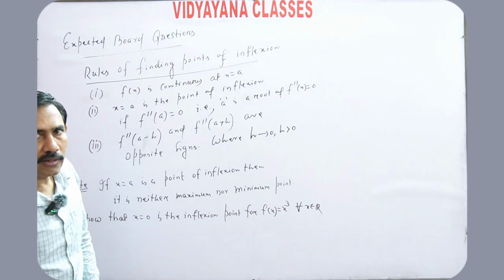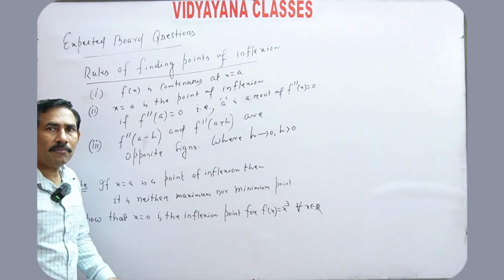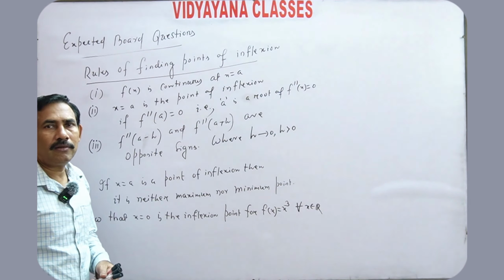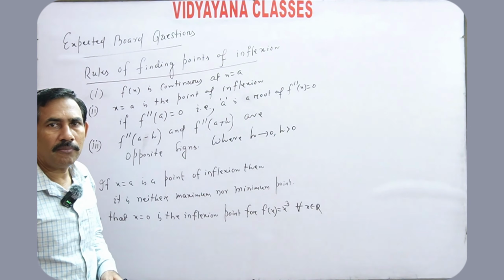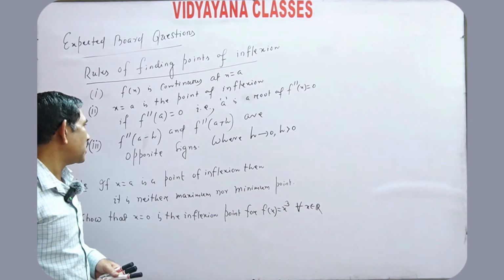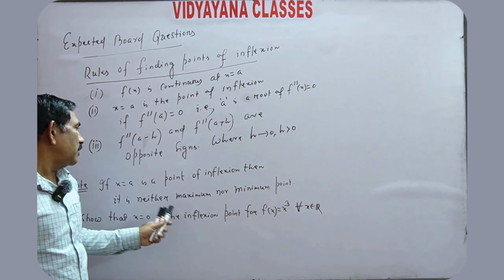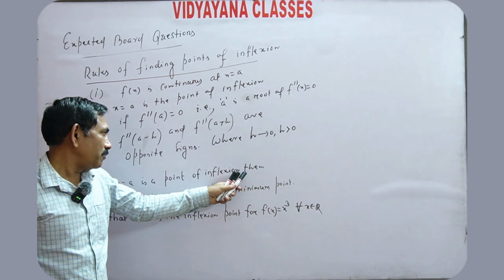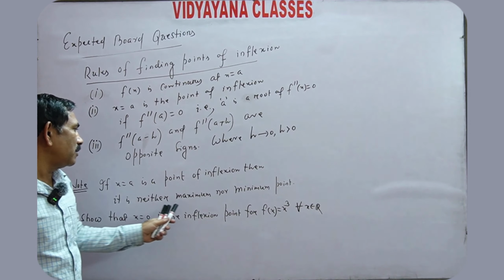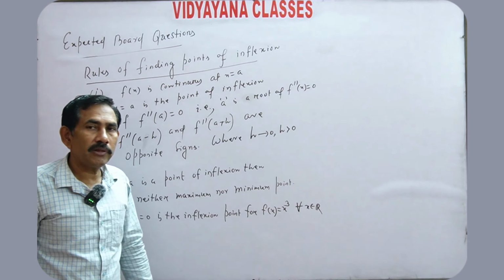Third condition, f double dash (a minus h) and f double dash (a plus h) are of opposite signs. Note, if x equal to a is a point of inflection, then it is neither a maximum nor a minimum point.